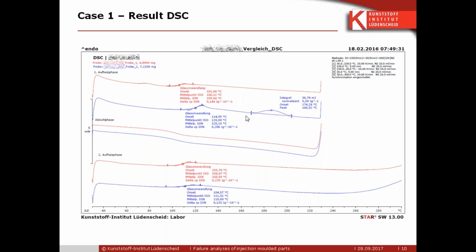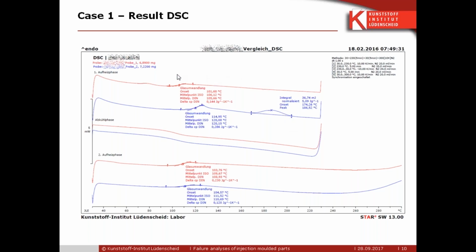Let's have a look at the results. Sample 1, remember, is the NOK sample. Sample 2 is the OK sample, and what we can see here is that the spectra of both samples are almost equal and show a very good accordance with the database reference of PMMA.